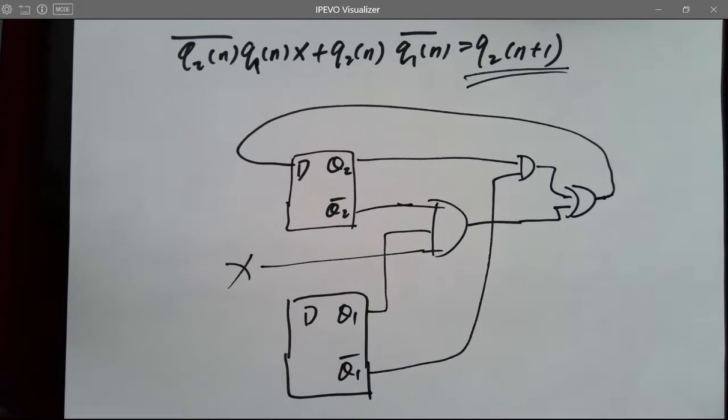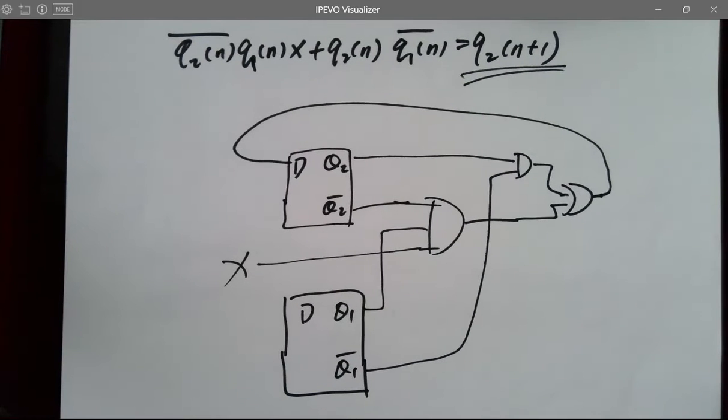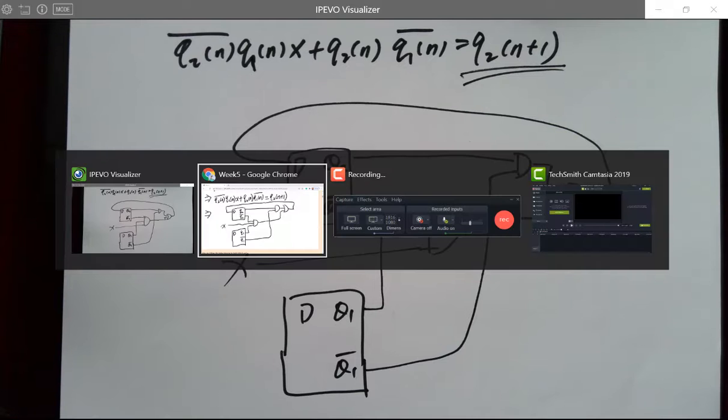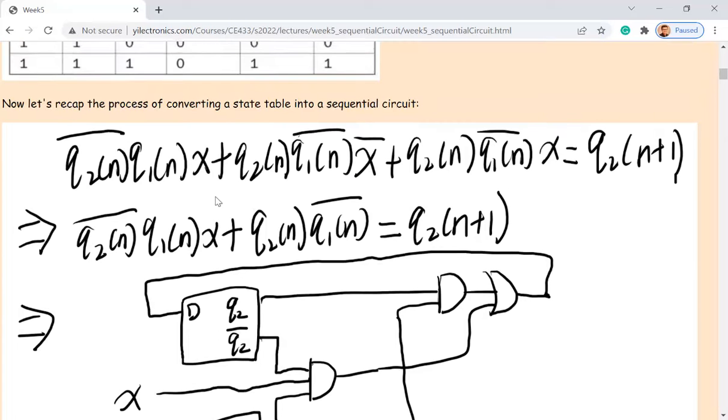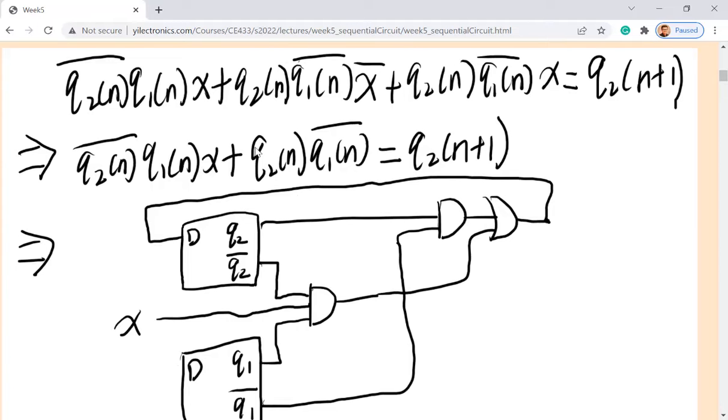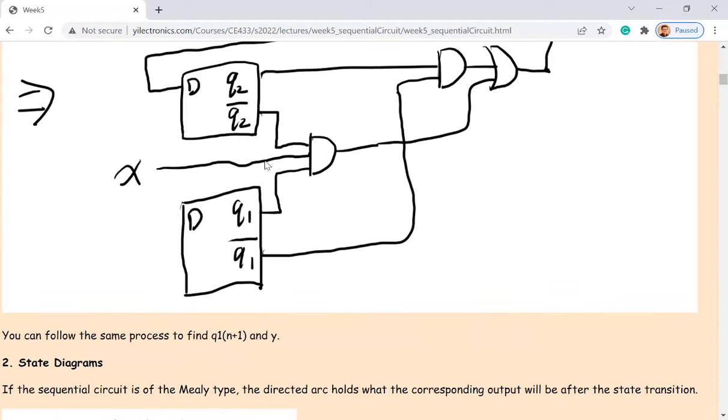That's how to do it. So task 1 is asking you to do the same thing for Q1 N plus 1, and Y. Just follow this example and complete the task.